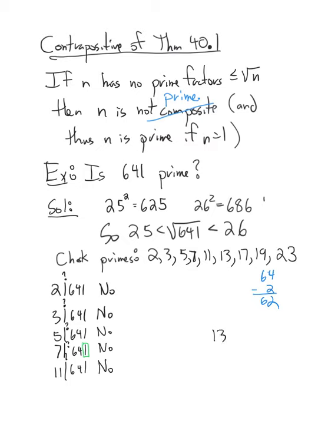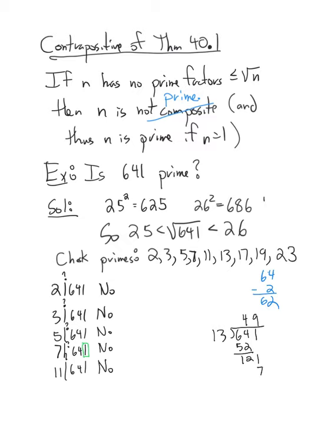So 13 into 641. 13 goes into 64. Let's try 4 times. And we get 52. Subtract, we get 12. 13 goes into 121. Let's try 9 times.